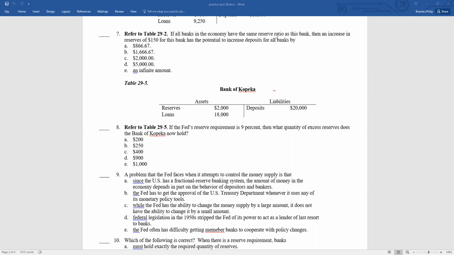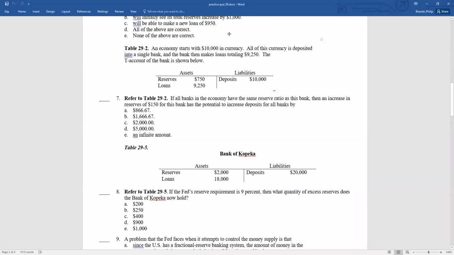Actually, I have to scroll up a little to see this. So how do I find the reserve requirement? The reserve requirement is required reserves over demand deposits. So I'm going to put 750 over 10,000.